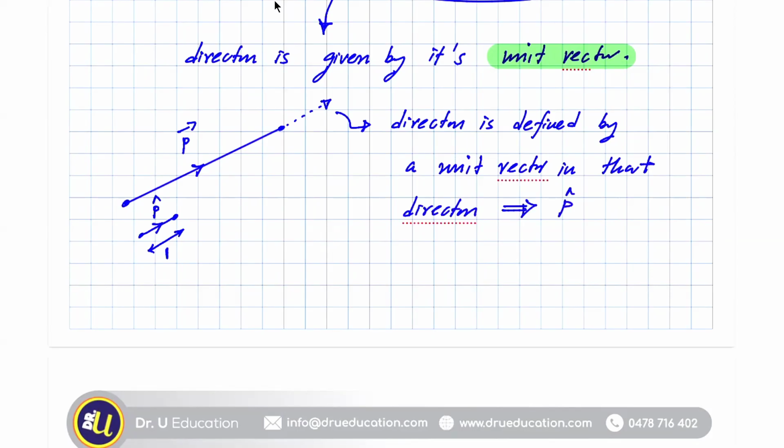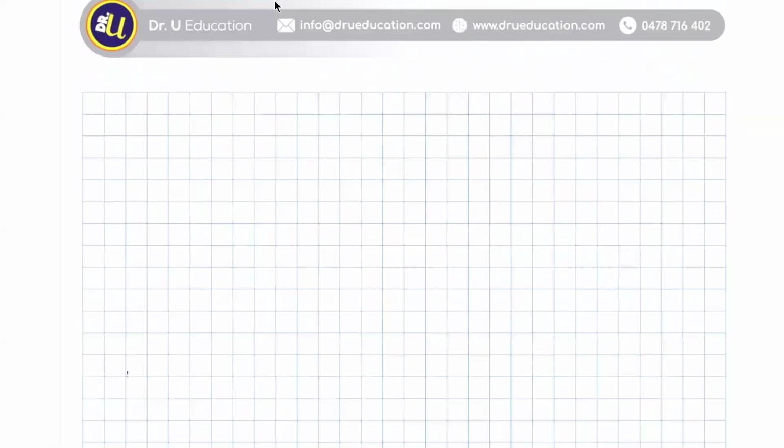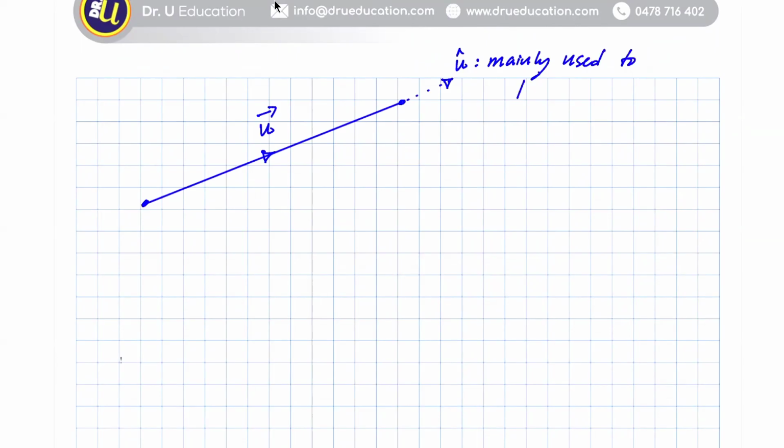Now I will show you another way of thinking about this. Consider this to be your u vector. From the definition, the direction of this u vector is given by u hat. U hat is a unit vector, mainly used to define the direction.